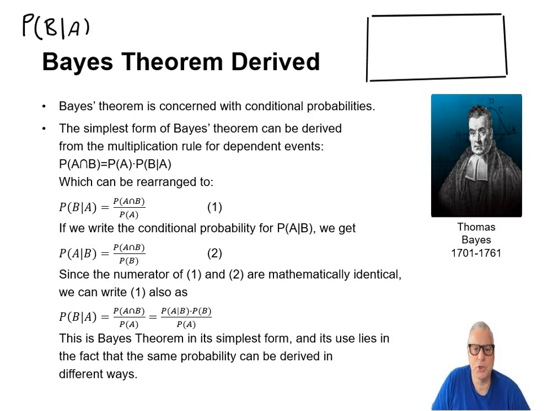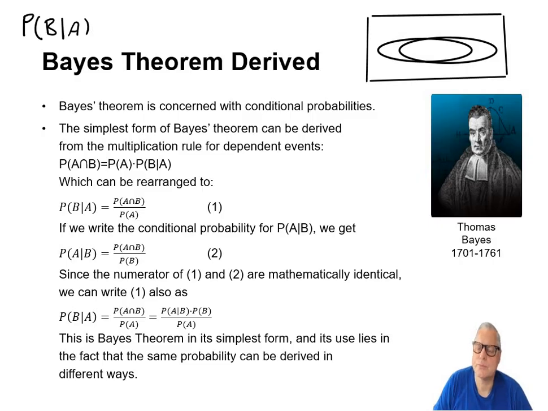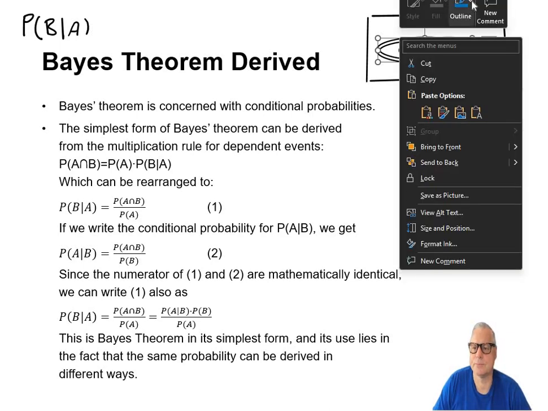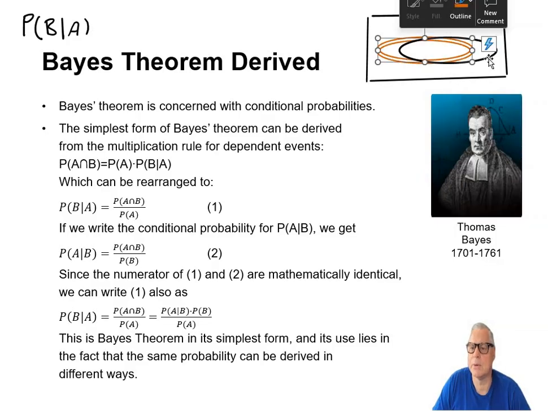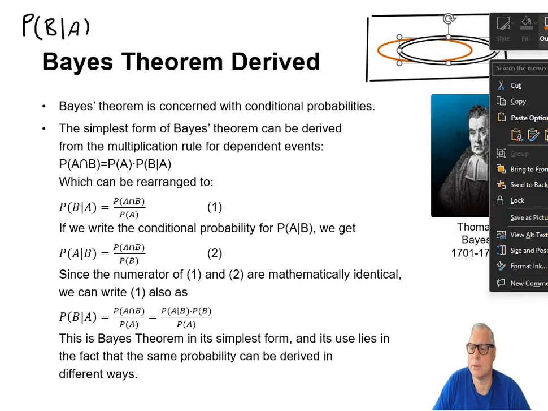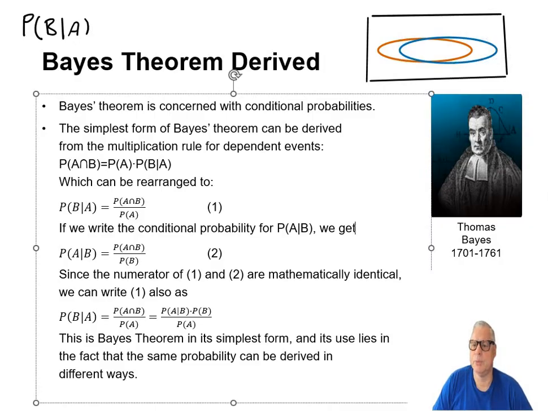And so we have two events, A and B. Let's say that's A and B. Maybe let's give it different colors, maybe one orange and the other one blue.